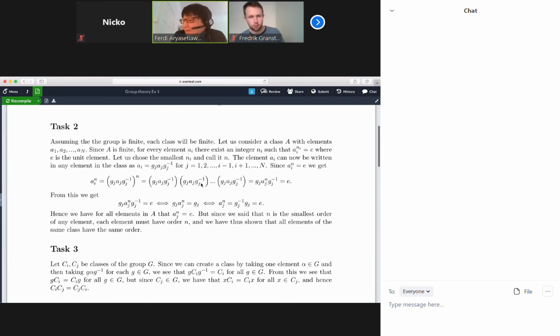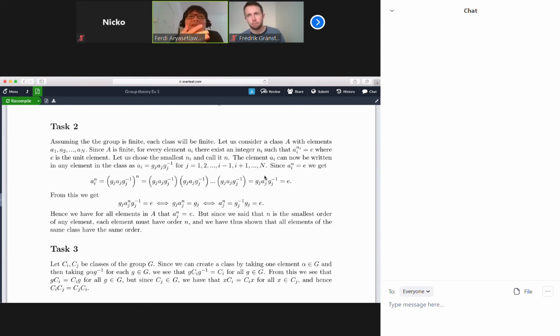So is it clear with everybody? It's just basically verifying that all elements in the class have the same order, as has been done here. So just take the power.